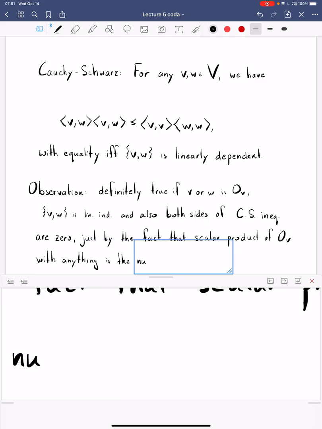So just like ordinary multiplication, 0 times anything is 0.